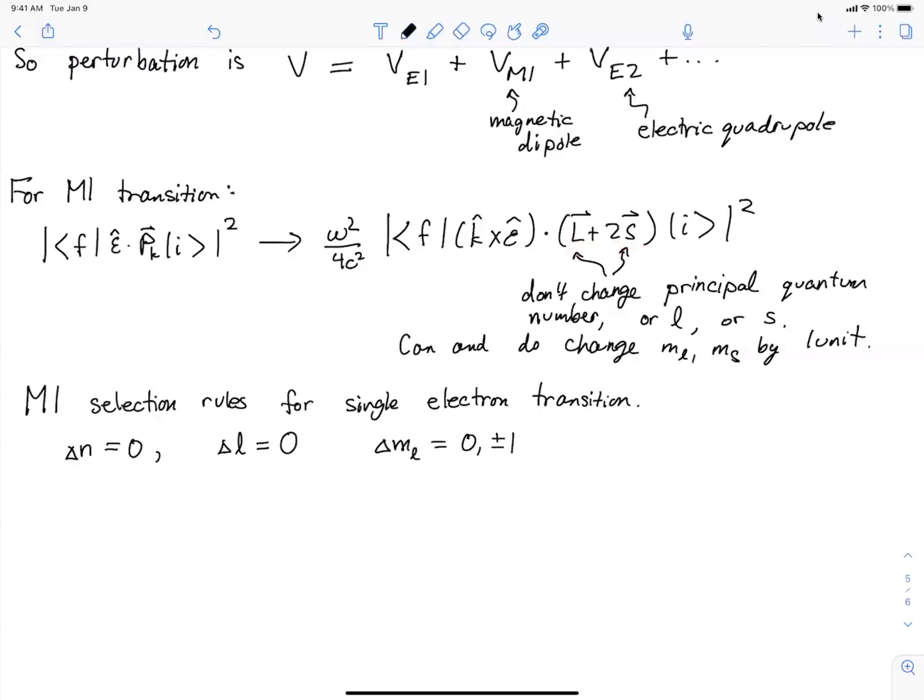And the same thing for the spin. So the Z component of spin can change by 0 units. For example, if this L part is contributing, that would change the spin by 0 units. And if this spin part is contributing, then it can change it by 1 unit. So this can be plus or minus 1.